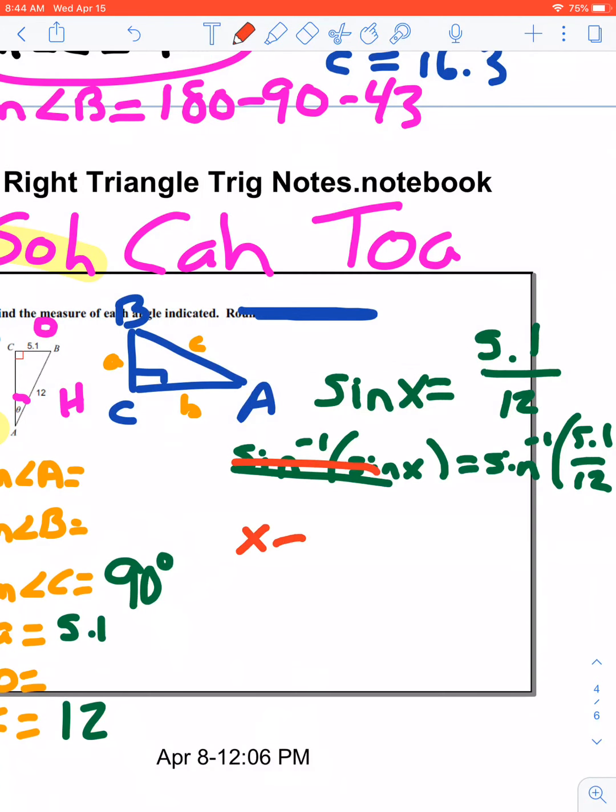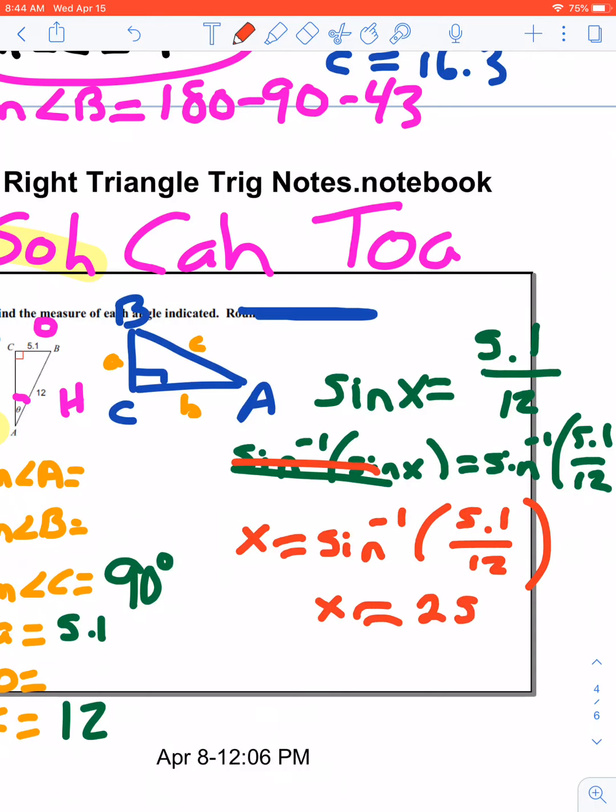So I get x equals the sine inverse of 5.1 over 12. And again, we're finding angle measurement here. So when I type that in on my calculator, the sine inverse of 5.1 divided by 12, I end up with 25.15. So x is approximately 25 because I'm going to round my angle measurement to the nearest whole. So I found angle A there, so angle A is going to be 25 degrees.